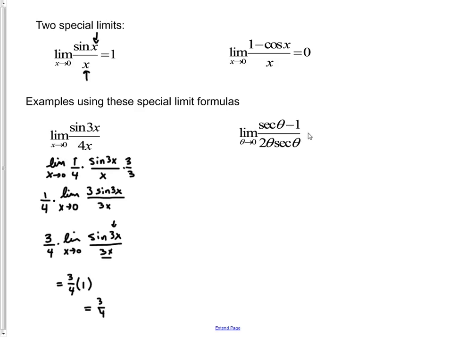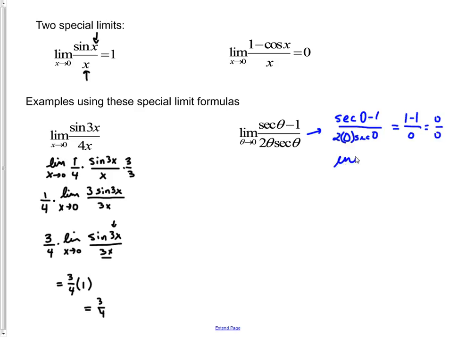Now, one thing that we'll note right here is that if we use direct substitution, we're going to get the secant of 0 minus 1 divided by 2 times 0 times the secant of 0. And, well, this is like saying 1 minus 1 divided by, well, 2 times 0 times anything is just going to be 0. So we end up with 0 over 0, and that's indeterminate.